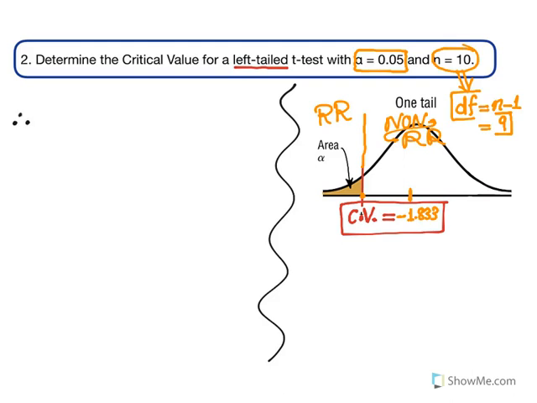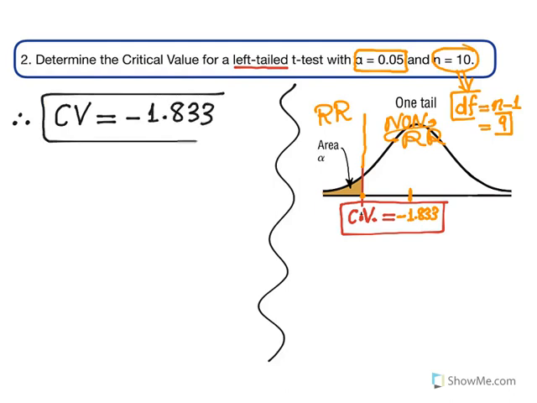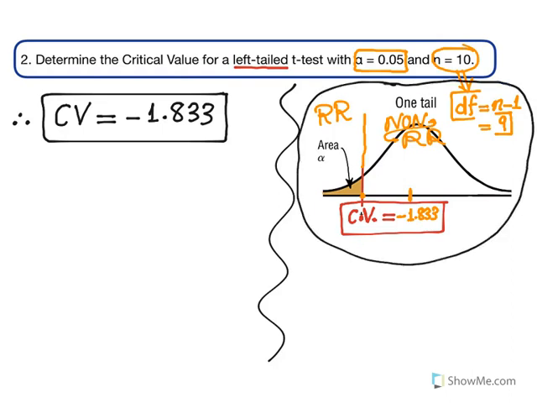Therefore, my critical value for this left-tailed t-test is equal to negative 1.833. This is a very common mistake, when people take the positive value for the left-tailed test. Always remember, you take the negative value. The best way to remember is the picture for a left-tailed test, which shows you that the critical value is negative.